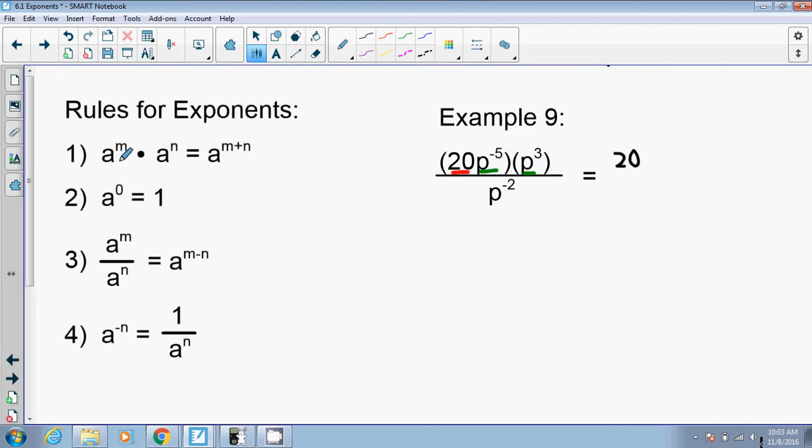Again, when I'm multiplying stuff with similar bases, all I'm doing is adding the exponents. So negative 5 plus 3 becomes a negative 2. And that stays as an exponent on the p. But remember, I'm dividing that by p to the negative 2nd.